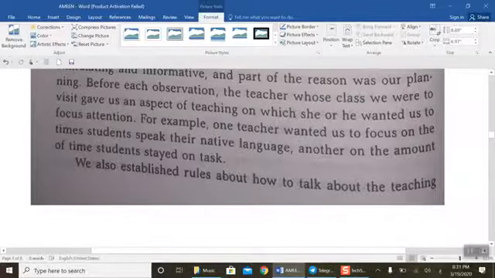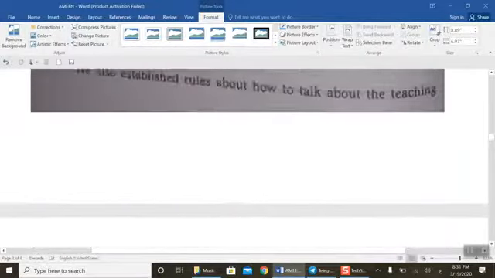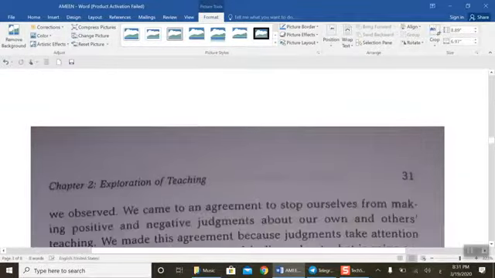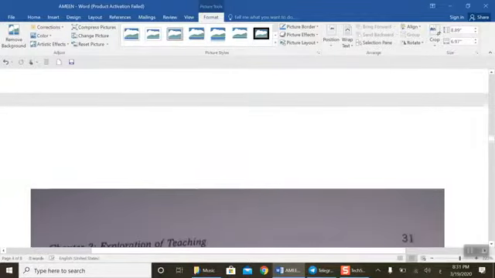Because they are ESL teachers, they have experience. We also established rules on how to talk about the teaching we observed. Okay.